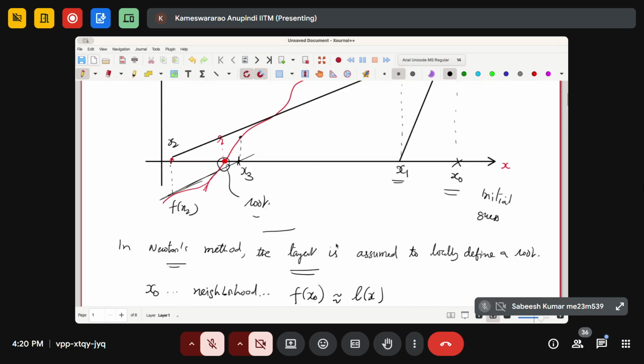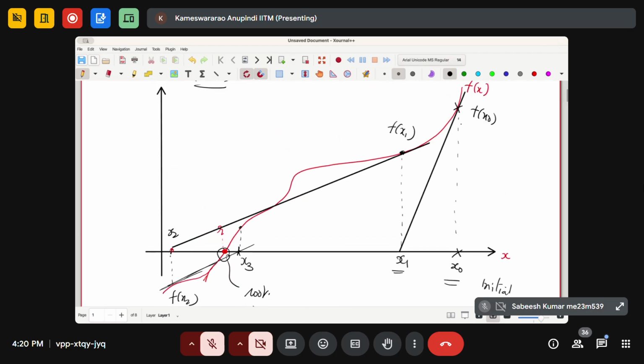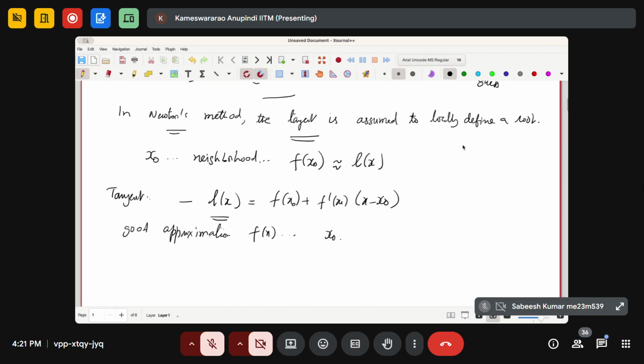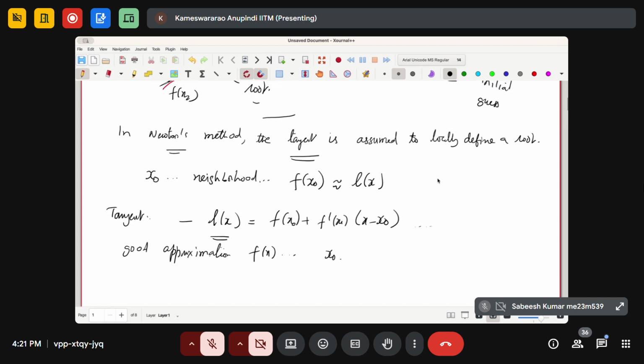Now, how do I determine this tangent? Essentially, that is the equation of this line. So this is the equation of the tangent that we are interested in. How did we get that? We essentially got it from the slopes of this function, right? So I can write this as the slopes are the same, and then I can get what is L of x.